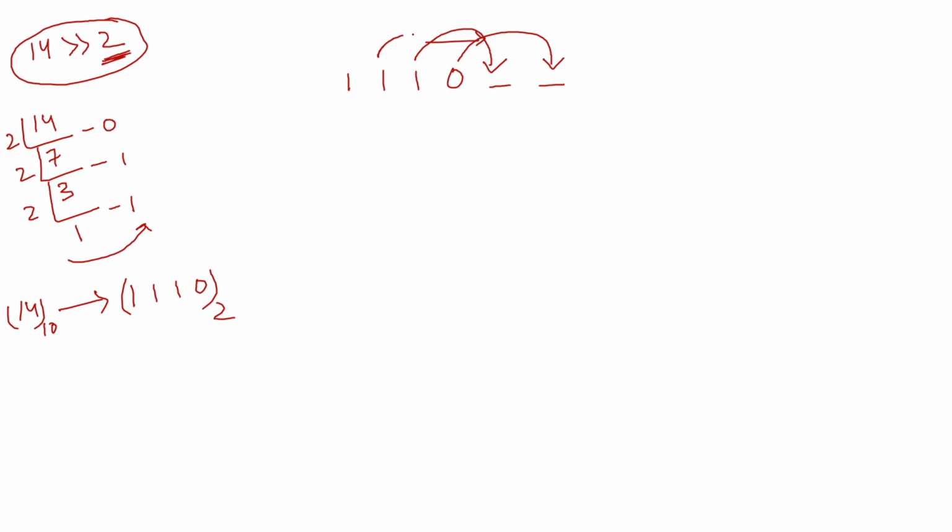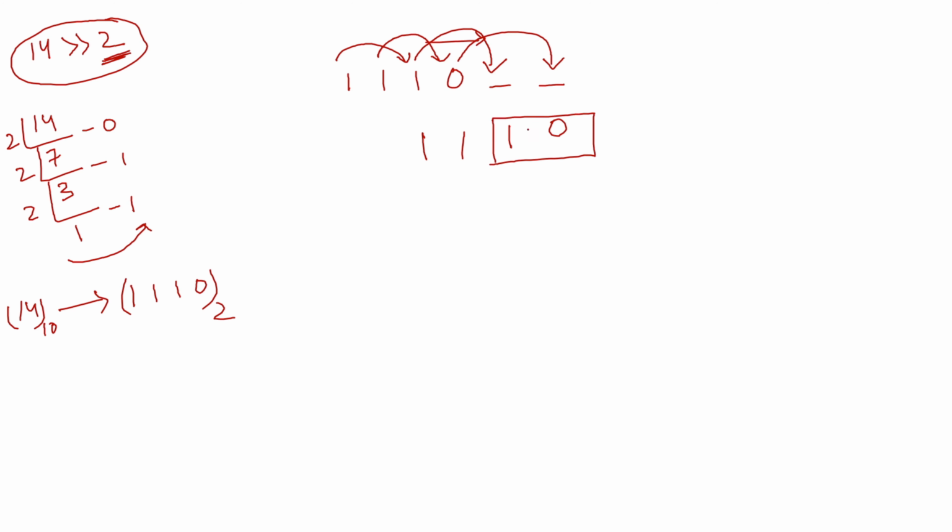If I rewrite the number, this 0 will be written here, this 1 here, and this 1 here. Whenever we do a right shift operation, the bits which are shifted out towards the right are ignored.